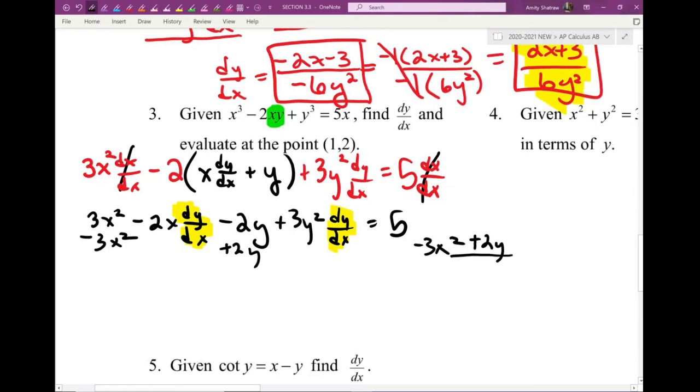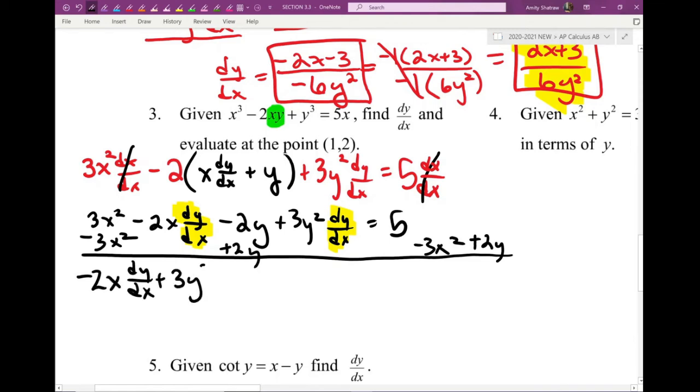And so when I am done with that, I end up with a negative 2x dy dx plus a 3y squared dy dx, and that will equal 5 minus 3x squared plus 2y.